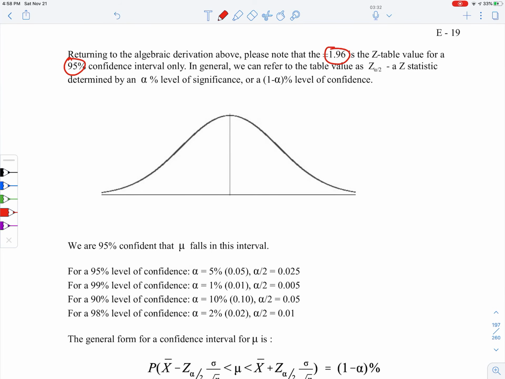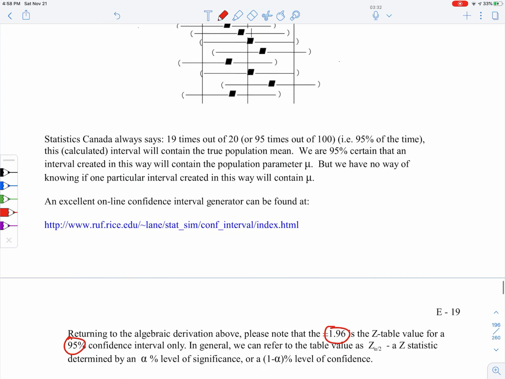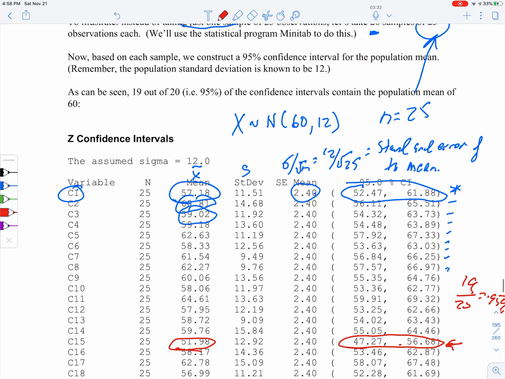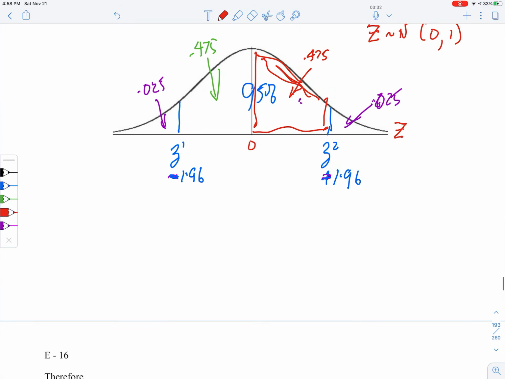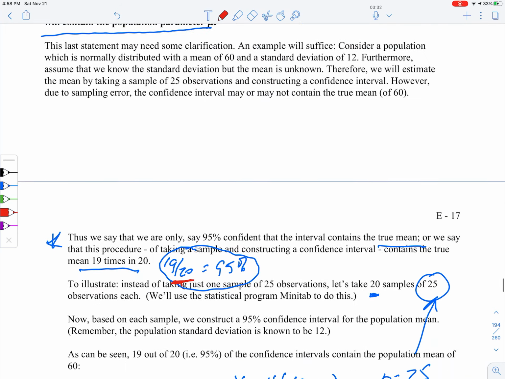Let's draw a picture here and talk about how to generalize this. So back up here, what we did was we said, okay, this is very specific then for a 95% level of confidence. That's the 1.96, plus or minus 1.96.